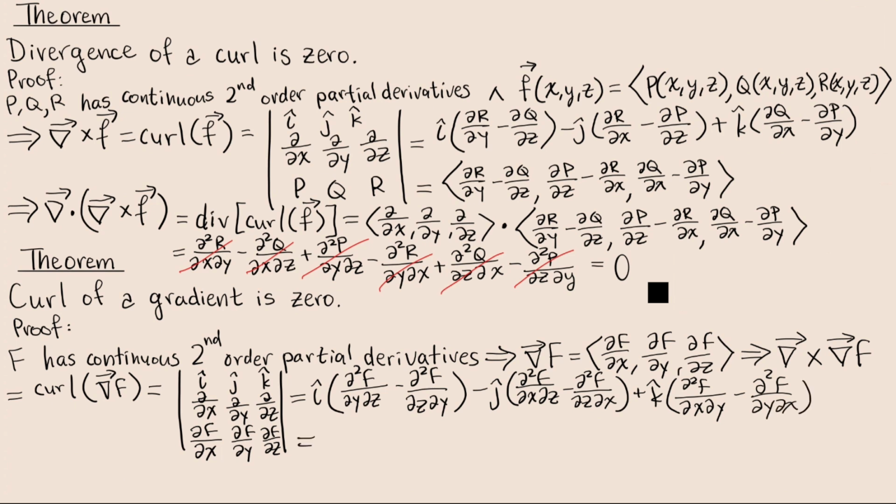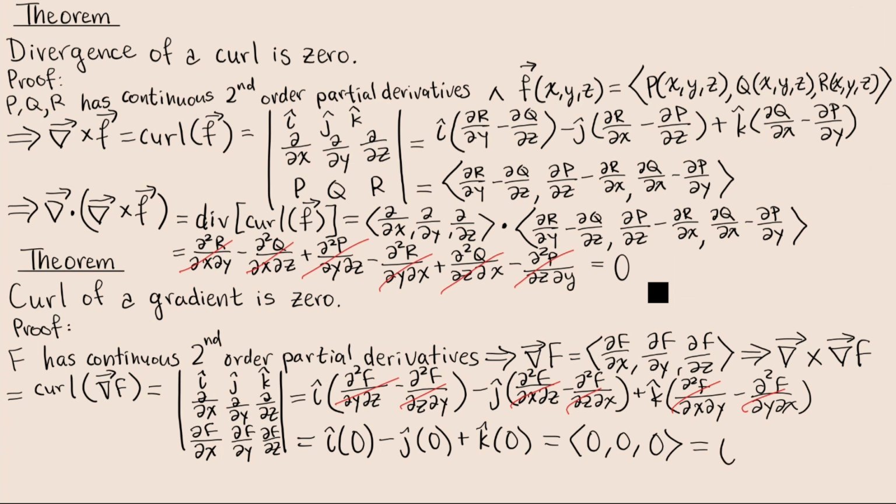And again, because f has continuous second order partial derivatives, by Schwarz's theorem these two are the same, these two are the same, and these two are the same. So ultimately, I'm going to get 0i minus 0j plus 0k, which is just 0, 0, 0, that is equal to the zero vector. And this completes this proof.